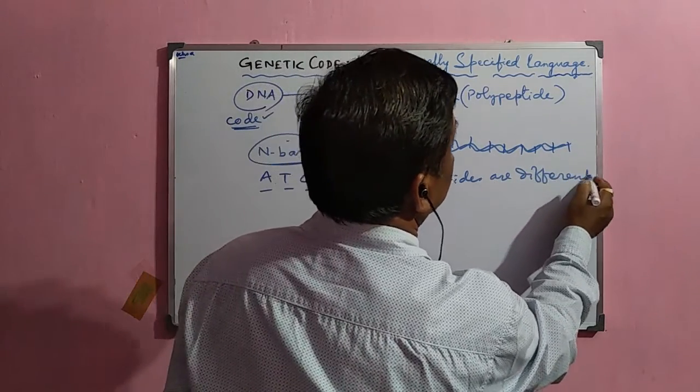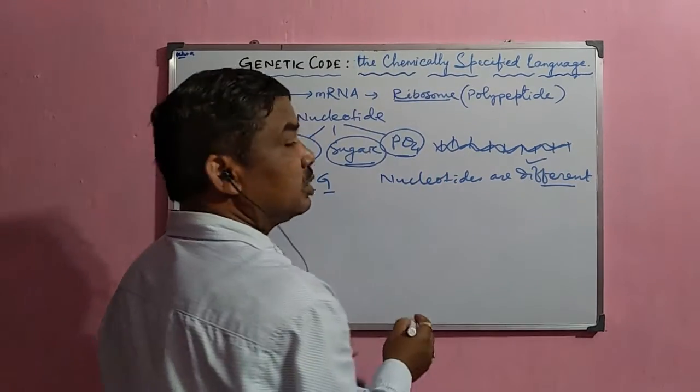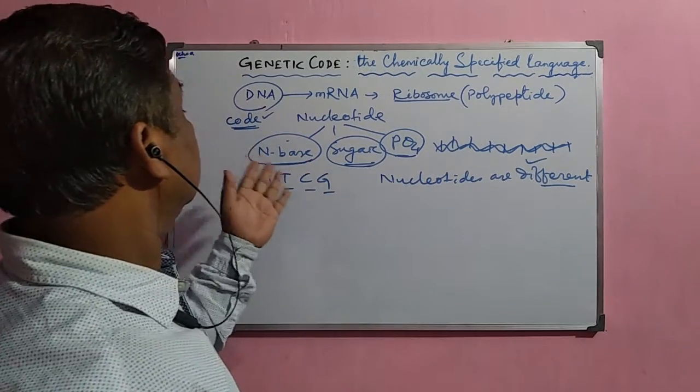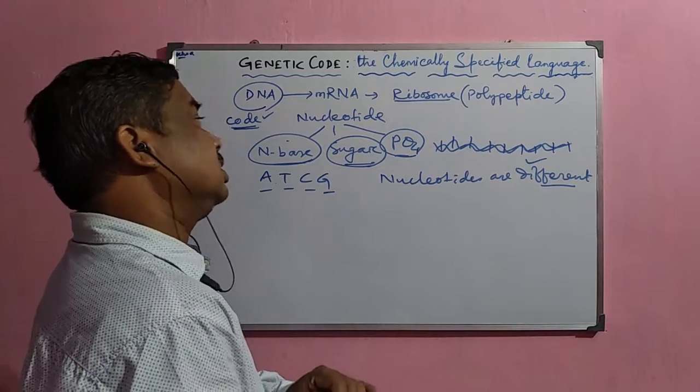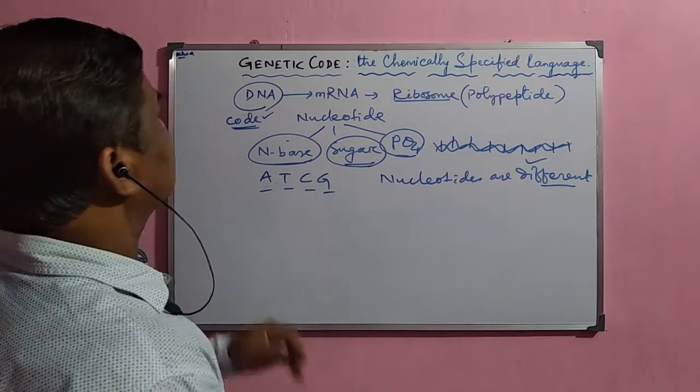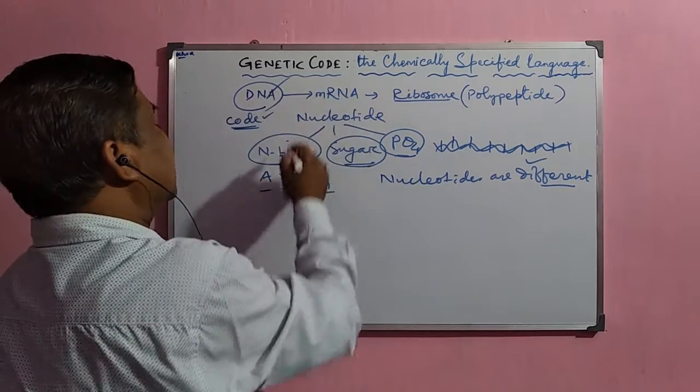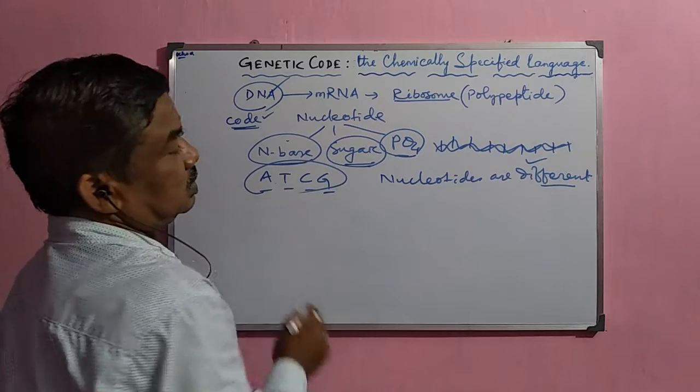Then how many nitrogenous bases are there in the DNA molecule? There are only 4 nitrogenous bases.